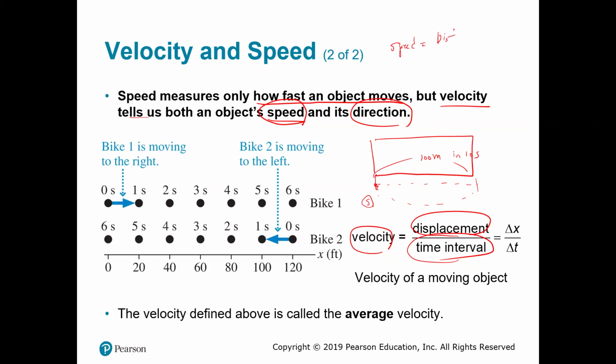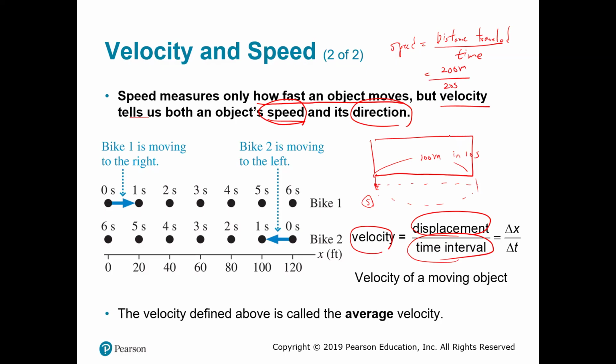Distance traveled over time, right? So you have a distance traveled of 200 meters because you move back and forth. And then how long did it take? 20 seconds, right?